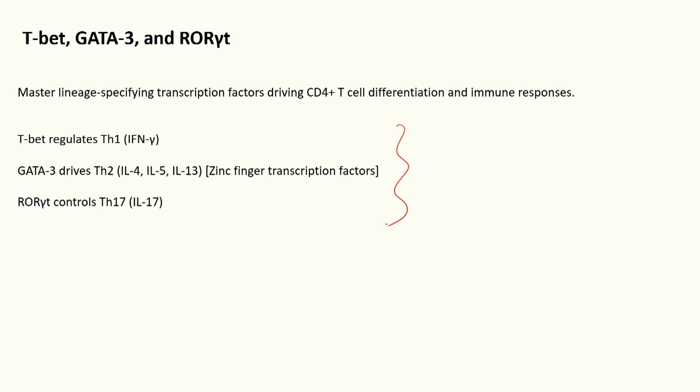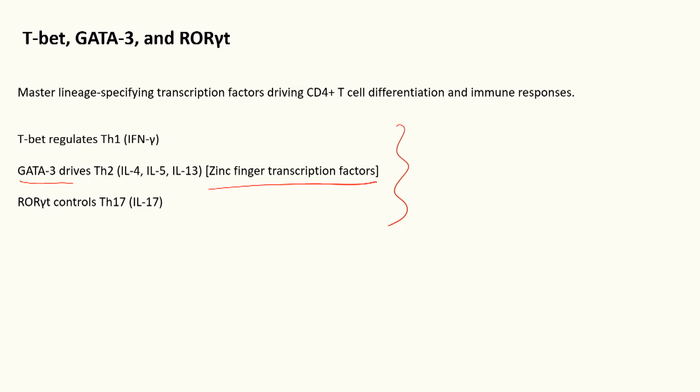I just wanted to emphasize one more point here, that GATA3 and Ikaros, which we discussed in the central level generation of this T lymphocyte, are zinc finger transcription factors.